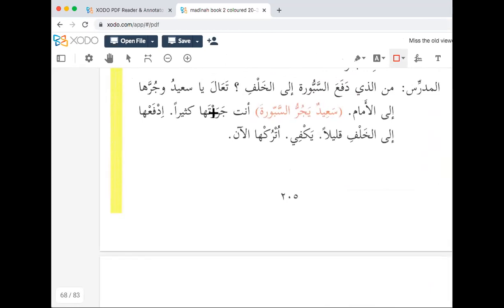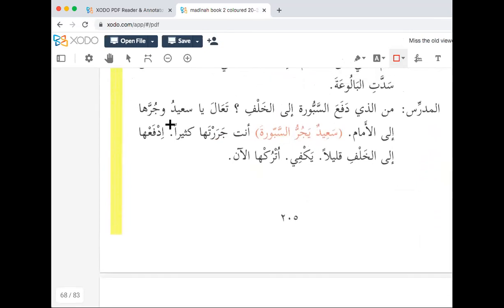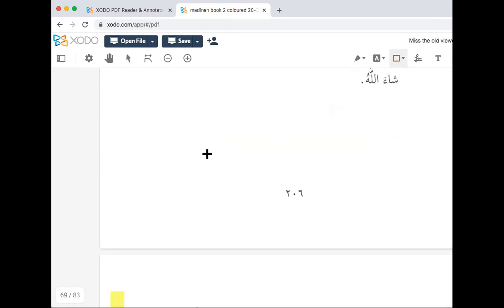He says, تعال يا سعيد وجرها, drag it إلى الأمام, drag it forward. And he says, يجر السبورة, he drags the board. Then he said, أنت جررتها كثيرا, you dragged it too much. Okay, so that's the meaning of jarra.